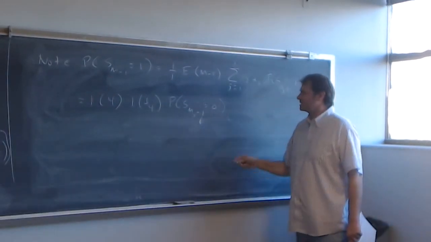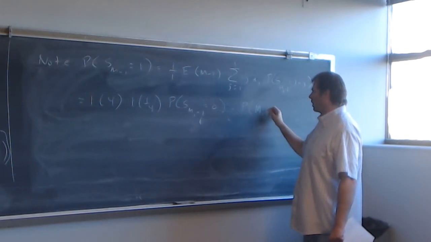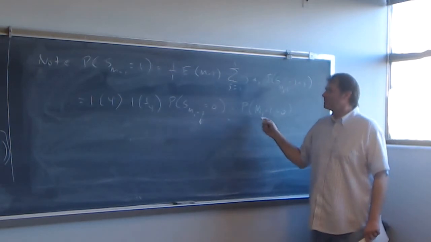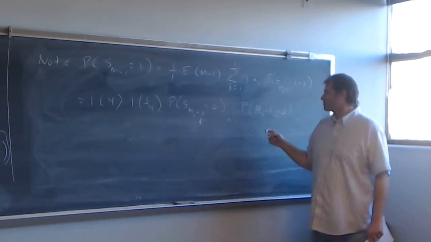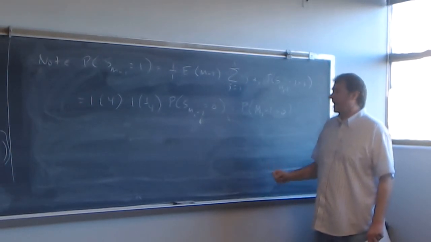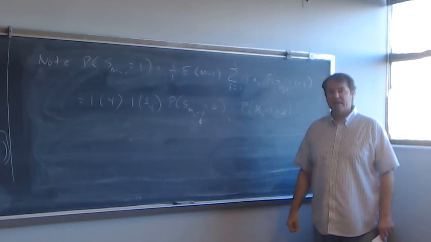Okay, to calculate this, this is the same thing as the probability that m sub 1 minus 1 equals 0. Now, m sub 1 minus 1 is related to m minus 1 in the same way that m was related to n.